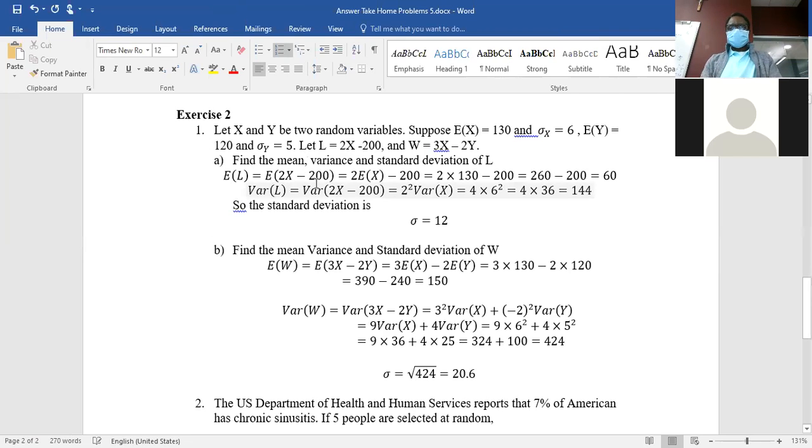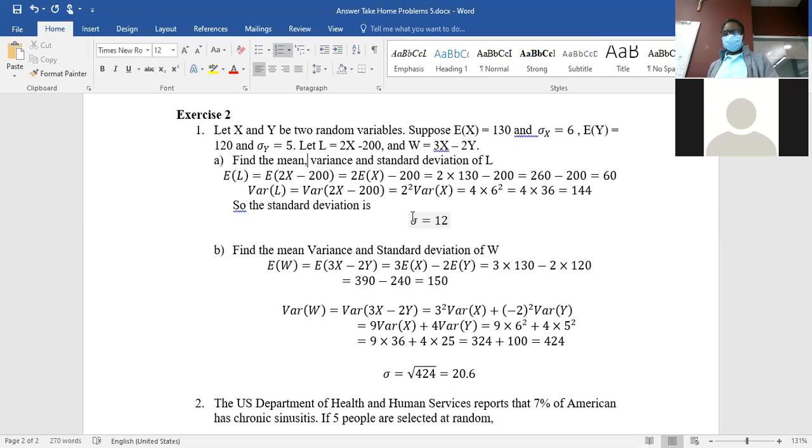When you are dealing with variance, the constants always go. The variance of a constant is 0. The variance of W is the square of the coefficients times the variance of the variable, and we add them up.